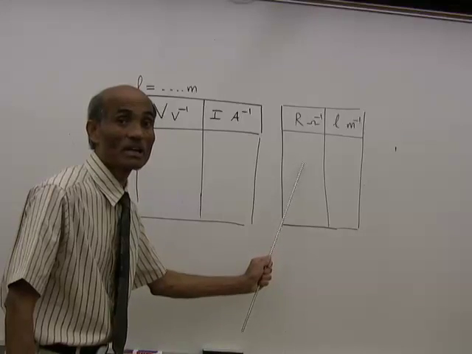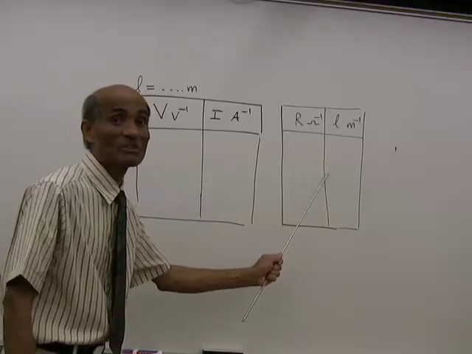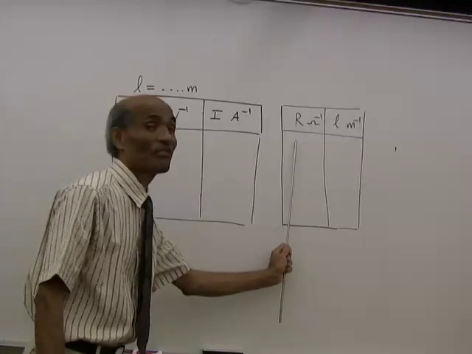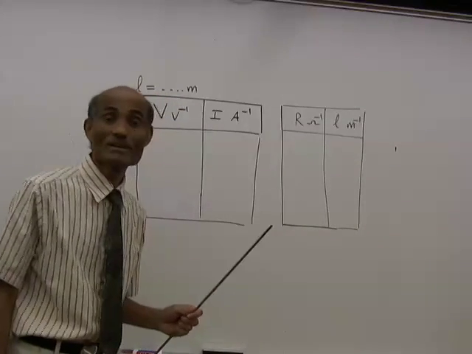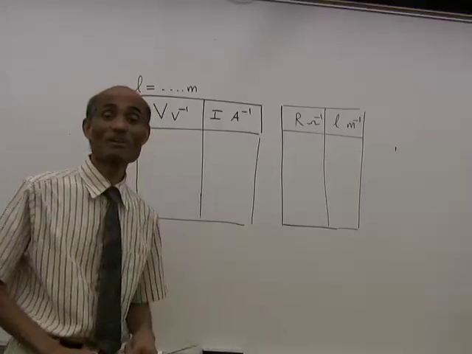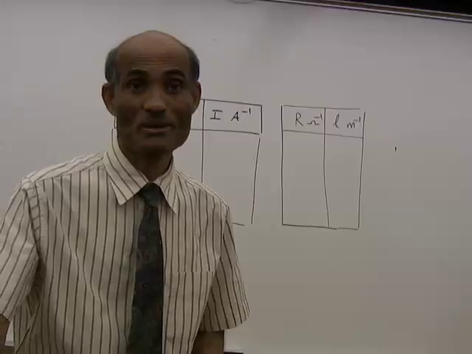We got 5 conductors and 5 resistance values, and each has a different length. Alright, the graph of R against L, the slope will be rho divided by A. Obtain a value for the resistivity of the material.